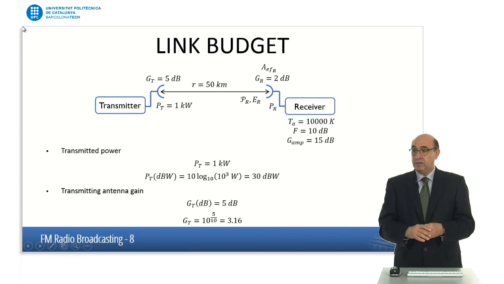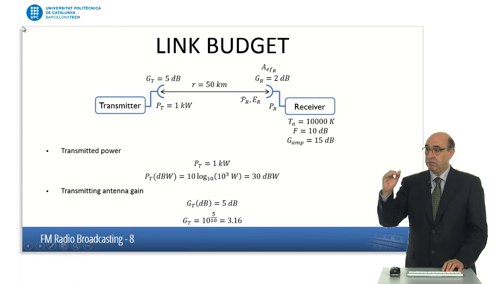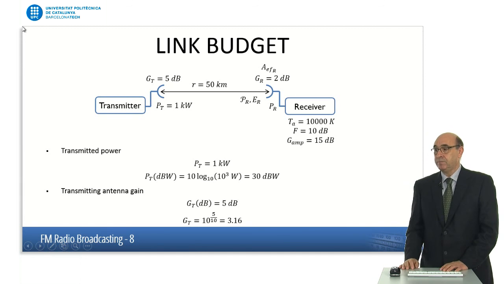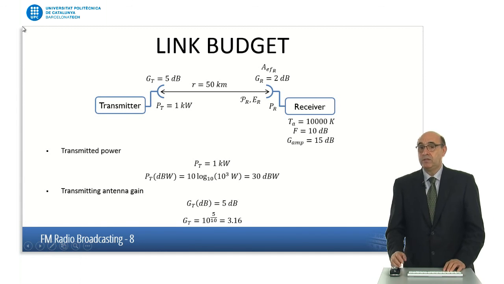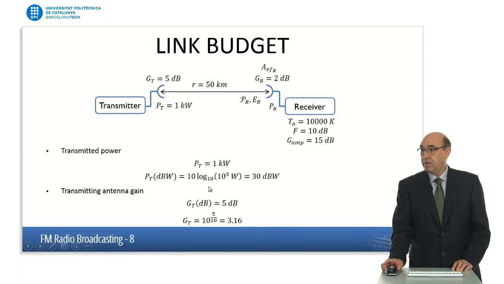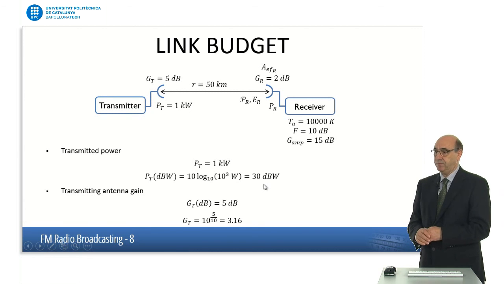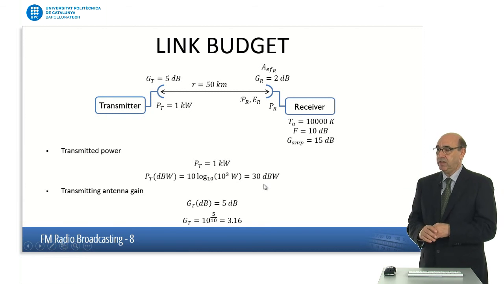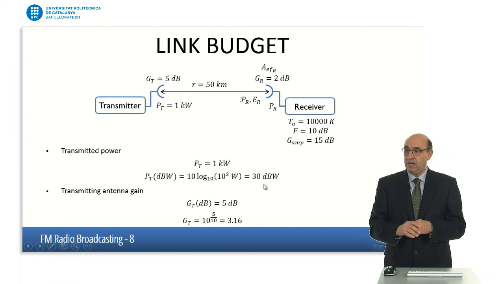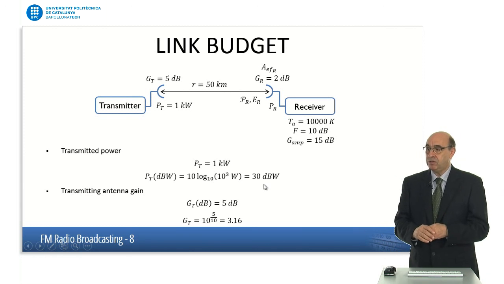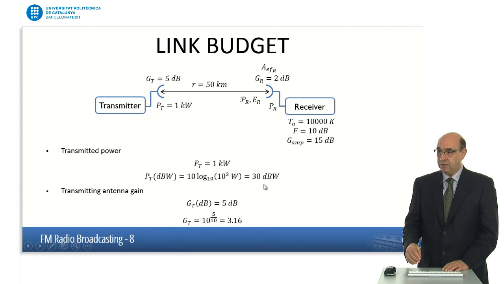We are going to see those terms written both with numbers and in logs and decibels. For 1 kilowatt of transmitted power, if you take the 10 log of this value, you will get 30 dB watts. That's the first parameter. You can work the link budget directly on the numbers as products and quotients, or as addition and subtraction of decibels.